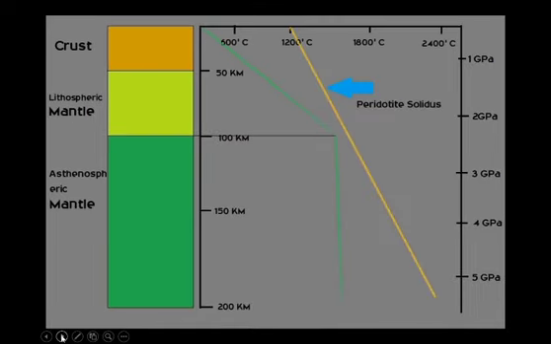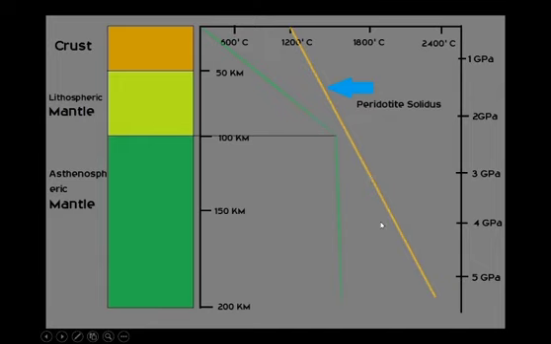So the mantle is composed chiefly of peridotite, and the partial melting of peridotite produces basaltic magma. To generate magma, the geotherm must cross the solidus line, which is indicated here by the yellow line.